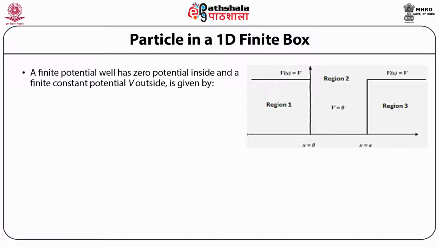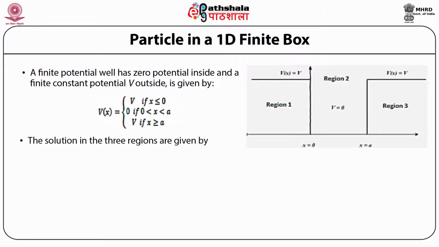So the potential V(x) is equal to V if x is less than or equal to 0. You can see in this figure, this is shown by region 1. Now V(x) is equal to 0 if x varies from 0 to a. This is depicted by region 2. Now region 3 is V(x) equal to V if x is greater than or equal to a.